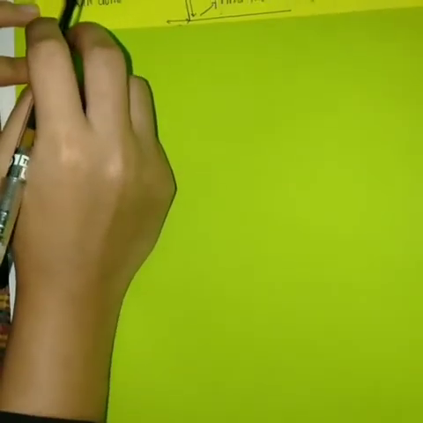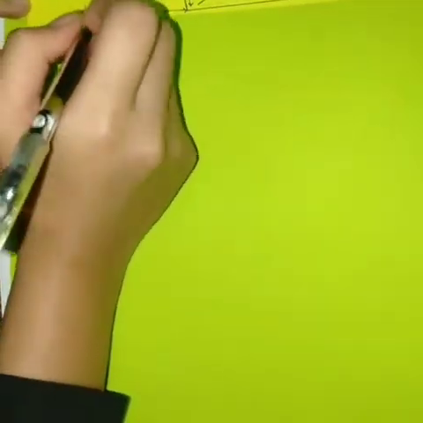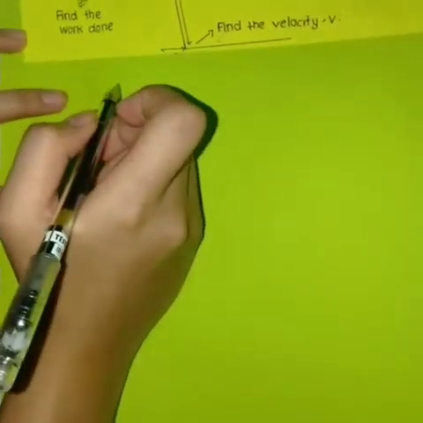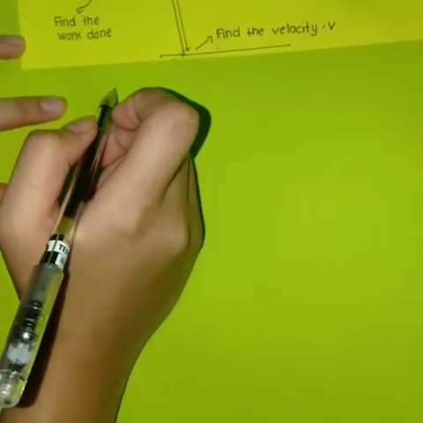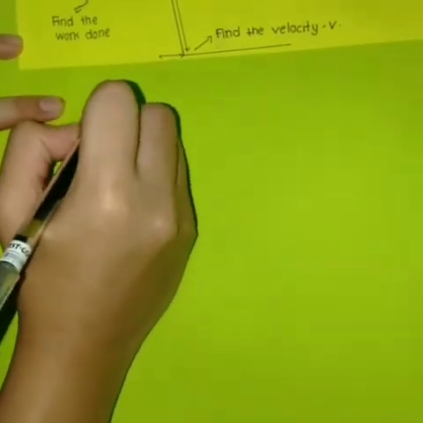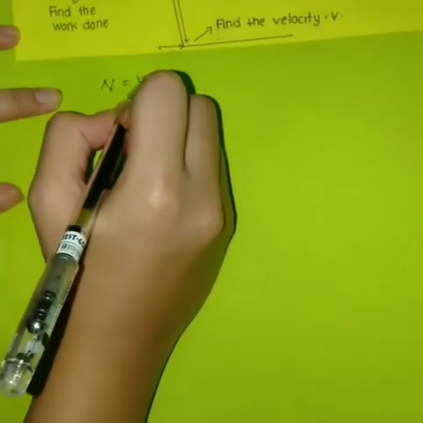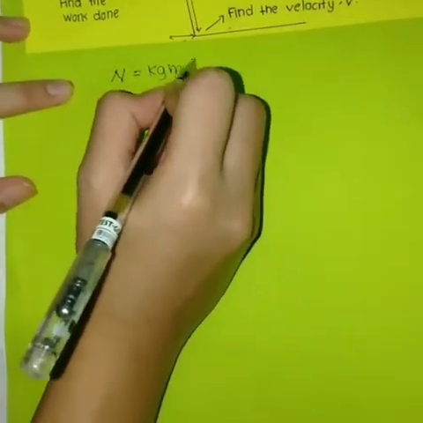Okay, for the next question, we need to find work done, energy, and velocity. Okay, for the first step, we need to find the mass. So we use N equal to kg ms negative 2.